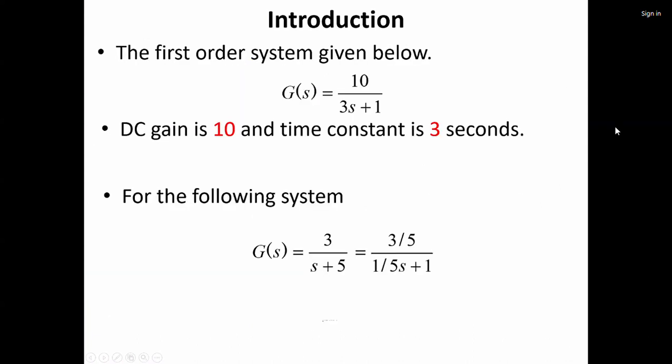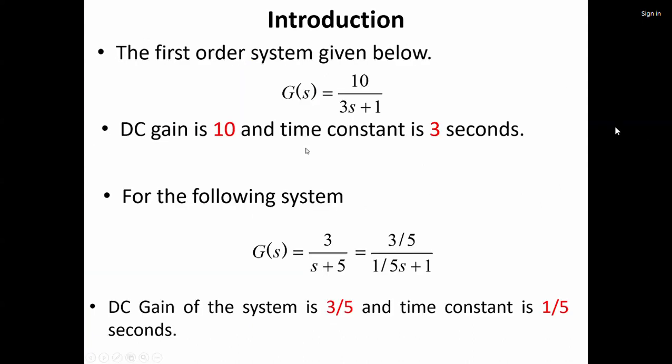So you take 5 out, and you get 1 plus 1/5 of s. If you divide the denominator by 5, you also have to divide the numerator by 5, so the numerator becomes 3 by 5.